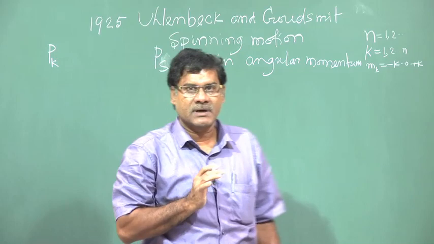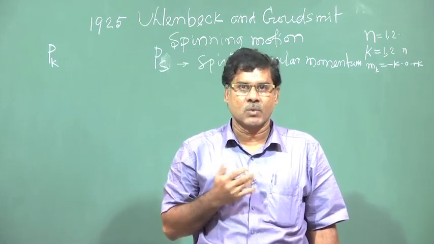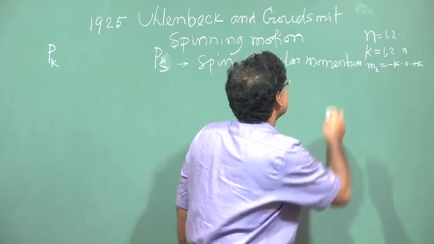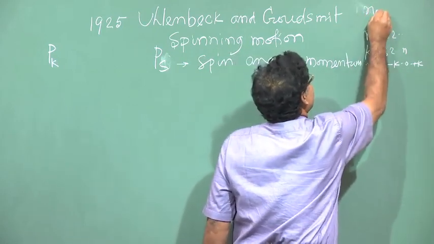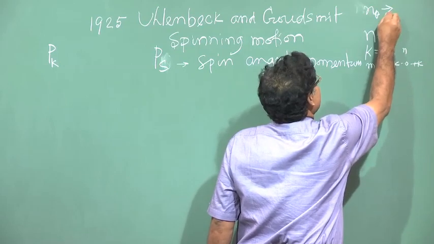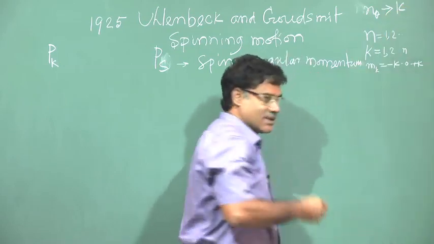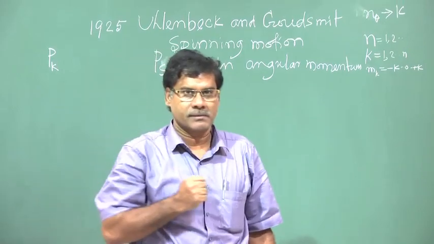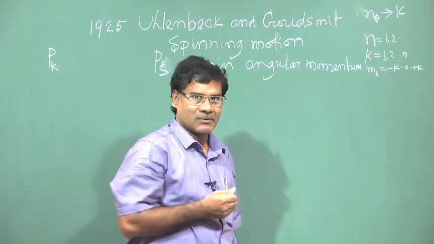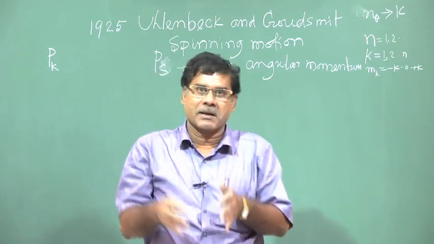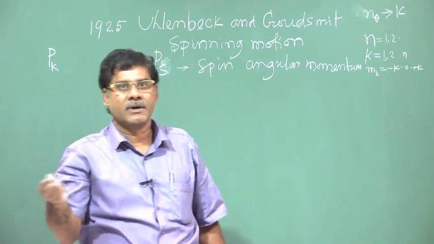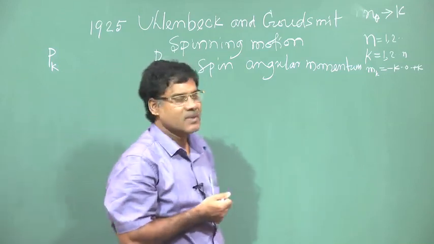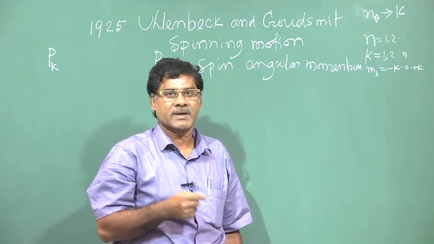Now, I will change the notation once more. Earlier, you remember, this n theta I replaced by K. I did this because of the historical development. Ultimately, in modern times we use L to represent the angular momentum.